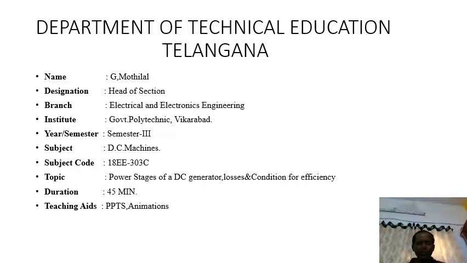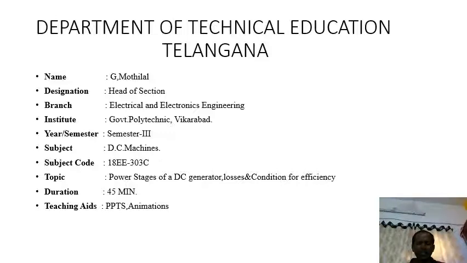Today we are going to discuss losses in a DC generator, power stages in a DC generator, and condition for efficiency in DC generators. You are observing where losses actually appear in DC generators: armature windings, series field winding, shunt field winding, interpoles, and brush contacts.